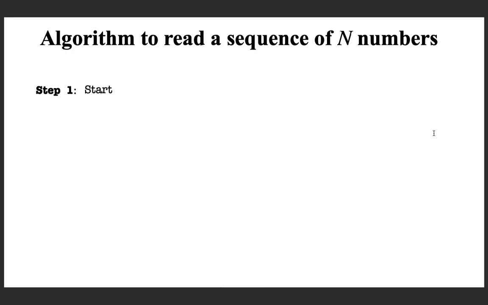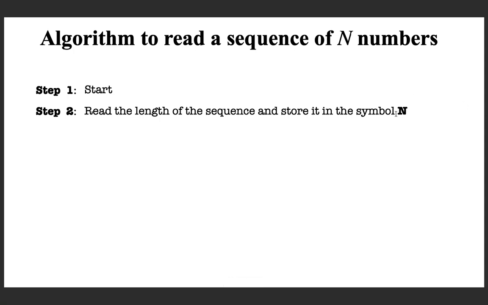First step is start. After that, we have to read the number of elements in the sequence. So store it in n. Then if you remember, the initialization was setting the index as 0. We are not utilizing temp. That is why we are not copying n into temp.